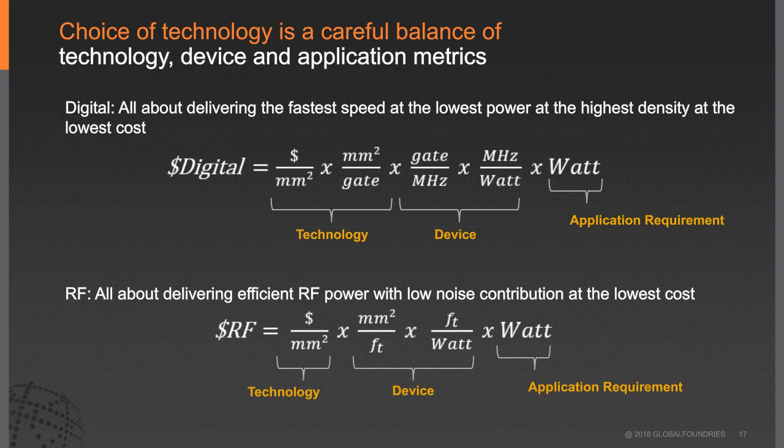So you want to have the most efficient power at extremely low noise, right? Your receiver noise figure should be extremely low. Your transmit power should have a high power added efficiency. And you should be able to get all of that at the lowest cost. So those are some of the things that we look at when we choose a technology. And what's key is there are different metrics for digital and RF, like we discussed earlier.